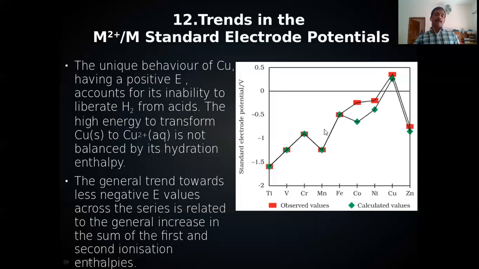And here, as I explained in the graph, the value is changing to less negative, or we can say the electrode potential is increasing from left to right in a period. Some variations you can see. And we have to explain why there is a variation in the case of manganese. We can explain it on the basis of the stability of the d5 configuration. Mn2+ is stable because of the d5 configuration.